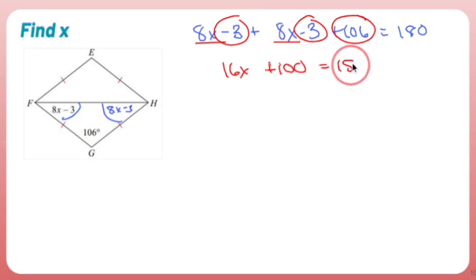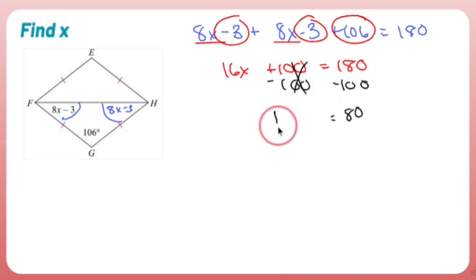That equals 180. Now I have a two-step equation. First, subtract 100 from both sides. I think I can handle the math here. 180 minus 100 is 80. 16x is on the left still. In order to get x all by itself, we divide both sides by 16.